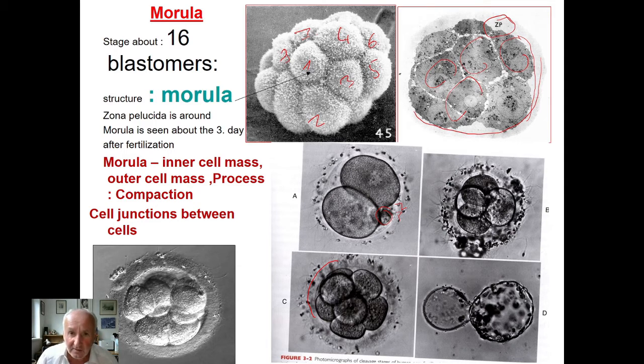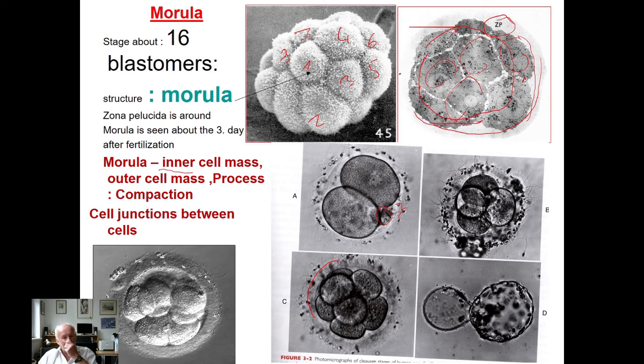The outer part, the outer cells, which we call the outer cell mass. Between those cells happen very tight junctions, zonulae occludentes. And logically, in the center of the morula, the blastomeres forming the inner cell mass will have only communicating junctions, something like nexuses, gap junctions.